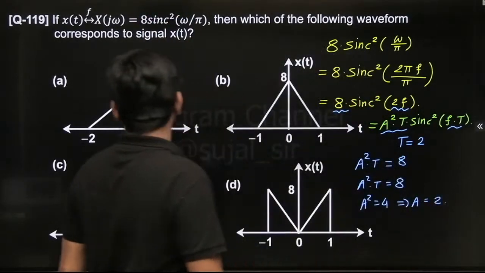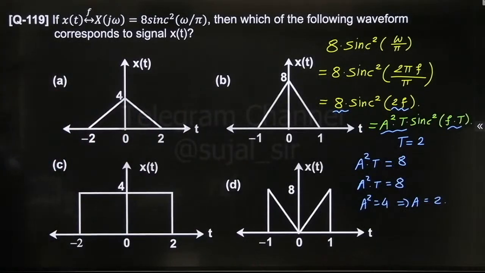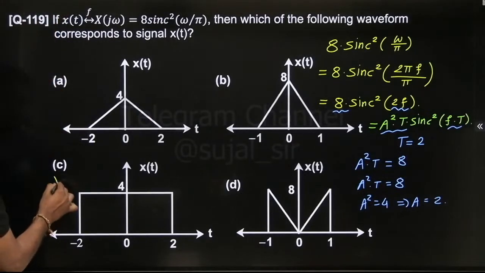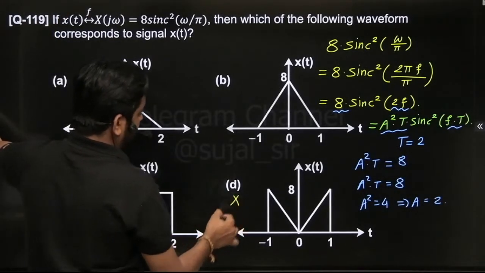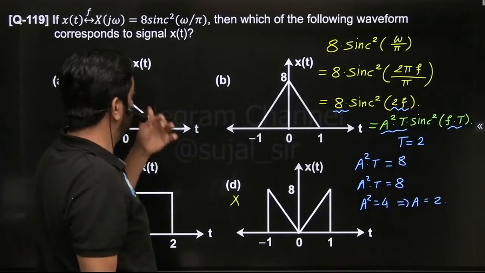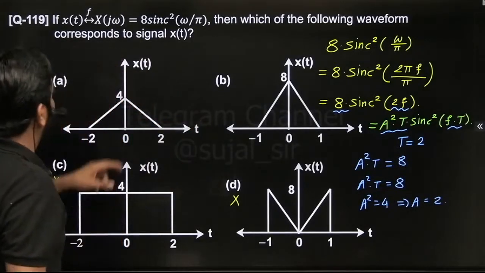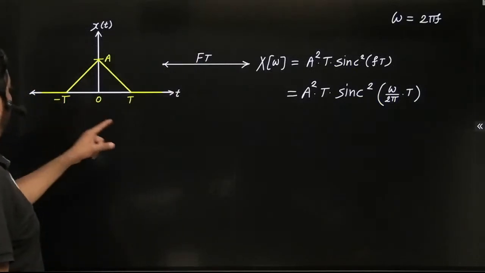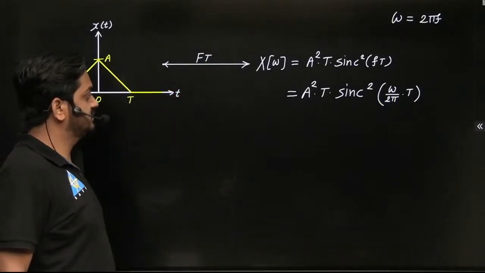So here option C is not possible, option D also not possible. A squared T is equal to 8, where T equal to 2, so A squared equal to 4, so A should be 2 here. This is the standard format, minus T to T, A squared T sinc square fT.